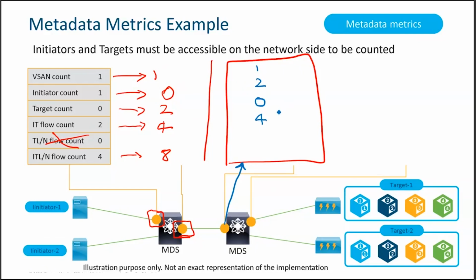I want I1 to T1, I1 to T2, I2 to T1, and I2 to T2. These are my 4 IT flow counts. And then how many ITL flow counts I have is the number of LUNs, which is 8. Making sense? This is what you're going to see as your metrics when you execute your show commands.